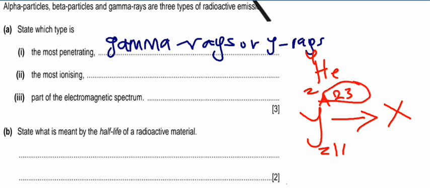the mass number here will be reduced by 4. Where are we getting 4 from? From the helium. So it's the mass number of Y minus the mass number of helium, since alpha particles have the same nature as helium. On the part of the proton number, the 2 for the helium, or for the alpha particle, is subtracted from 11.